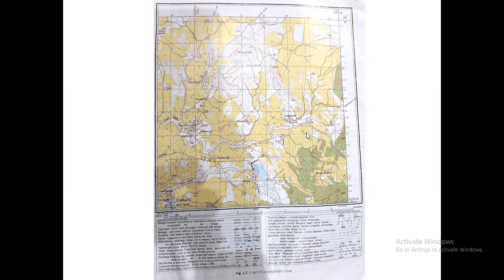They might not be visible in this graph properly, but if you see any topographic map in the near future, just see that certain brown lines are drawn in it, and they are known as contour lines. They are very light in color. So if you see a topographic map in your future, you will be able to see them.